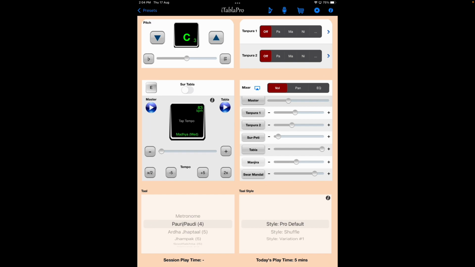I will just tell you the metronome part. So let's see if you can hear this. You can hear it, right?